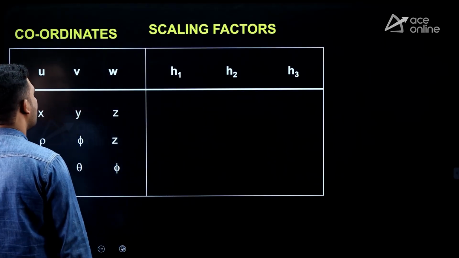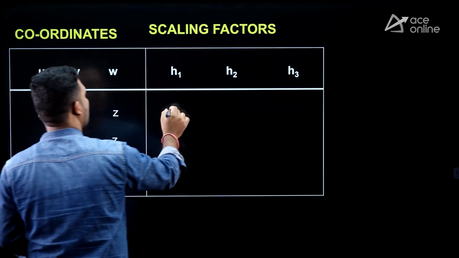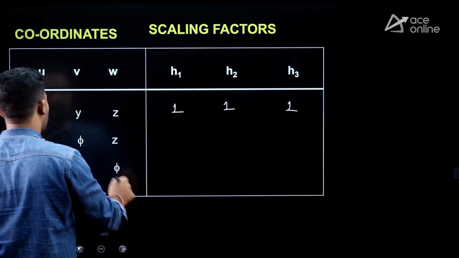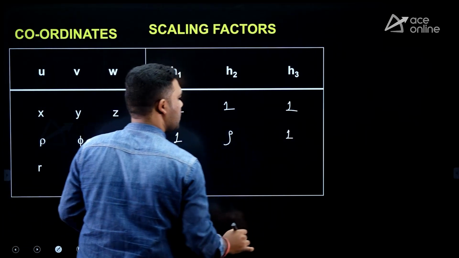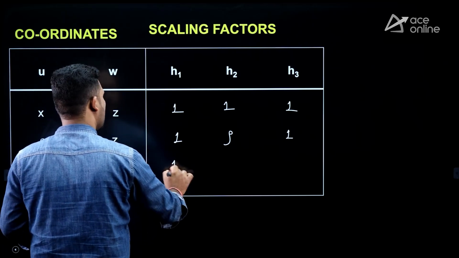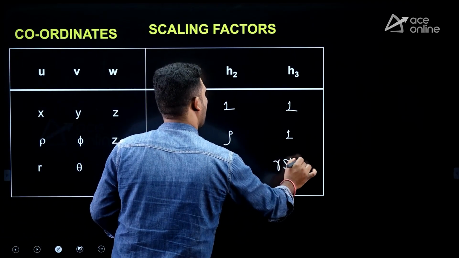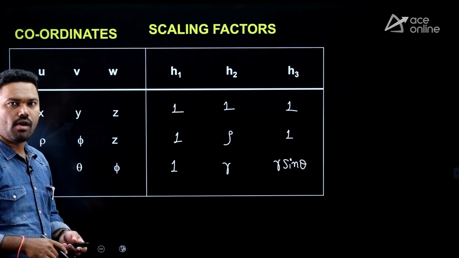In this box you need to remember the coordinates and scaling factors. For the Cartesian coordinates, the scaling factors are 1, 1, 1. For the cylindrical coordinates, it is 1, rho, 1. For the spherical coordinates, it is 1, r, r sin theta. Clear, friends?